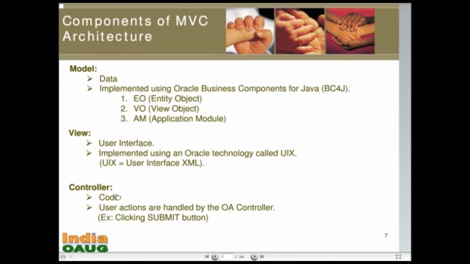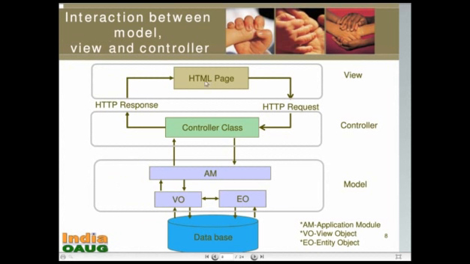Controller is nothing but your code, a Java code. So here is a view, here is a controller, here is a model. This is your HTML page, this is your Java class. AM is common; this is required for your transactions, commit and rollback, which we'll discuss clearly later.